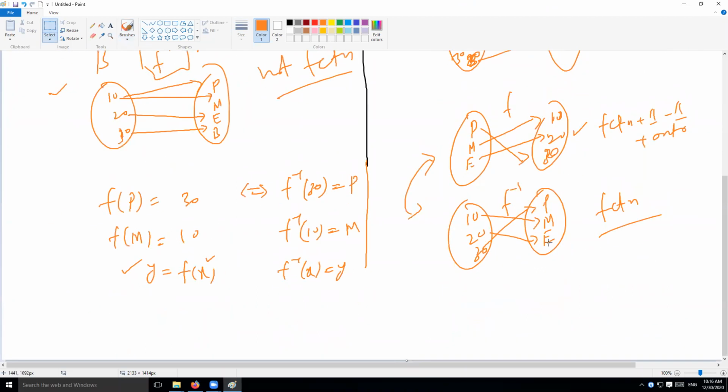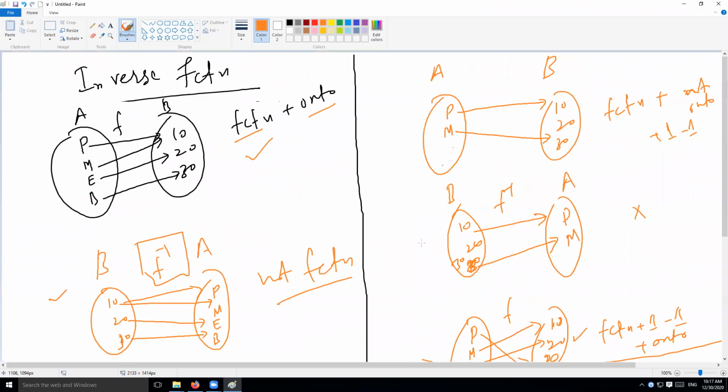So what you have observed, maybe this is true for this function, not for other functions, but I'm going to prove that this is true in general: if your function is 1-1 and onto, your function indeed has an inverse actually.